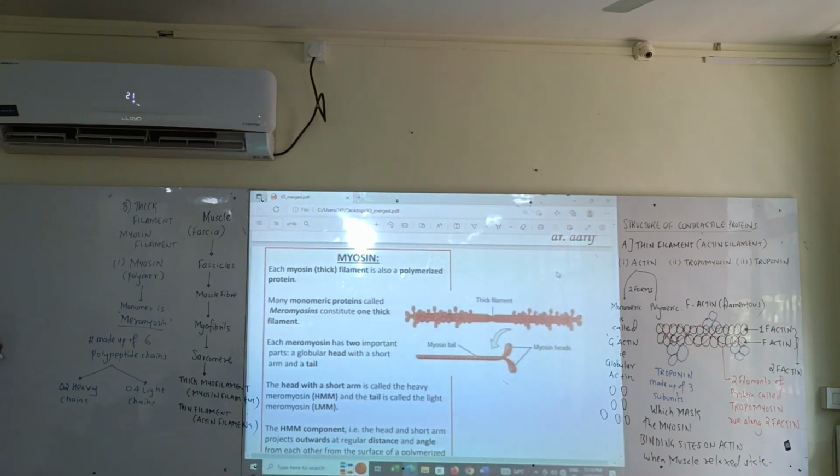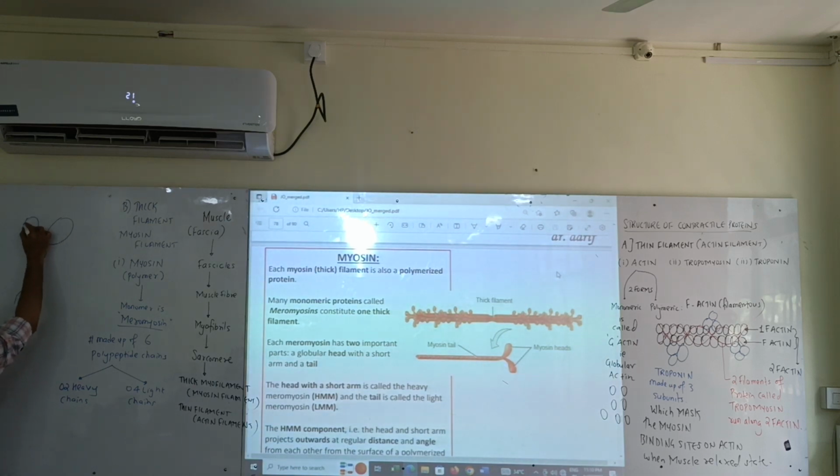So meromyosin में कितने polypeptide chains है? 6. 2 उसमें से heavy है और एक heavy chain has a head and a tail.